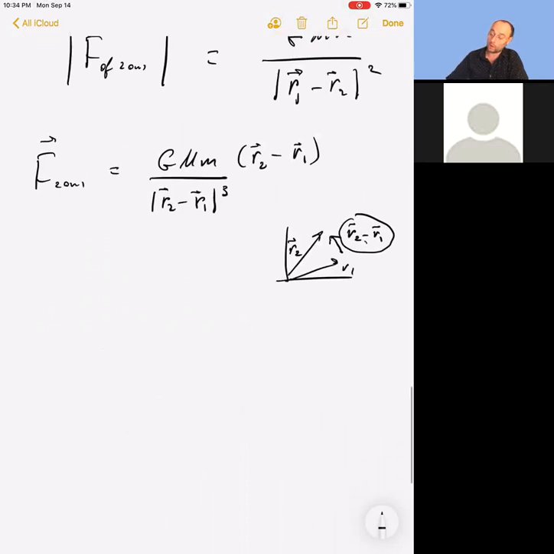Okay, so what would Newton's second law look like? Well, it would be mass 1 times the second derivative of the vector position of object 1. Now, you might be scared of this: what's the derivative of a vector?